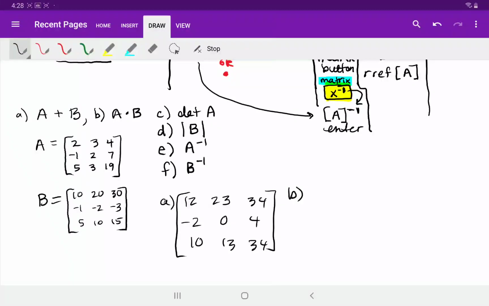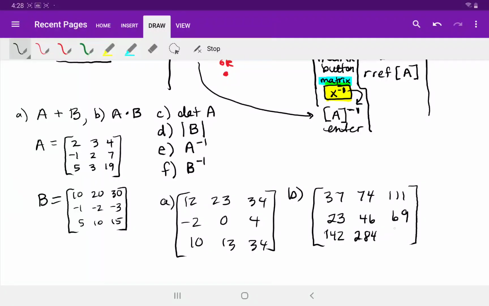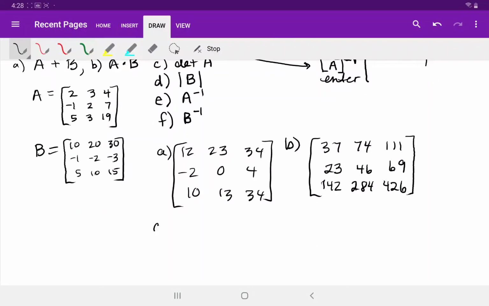B is A times B, and like I said, you would just write the answer, which means if you were taking a test on this, like in college, you really want to make sure that you double check that you type the numbers in right. Because if you don't type the numbers in right, then these are wrong and there's no work and no partial credit.